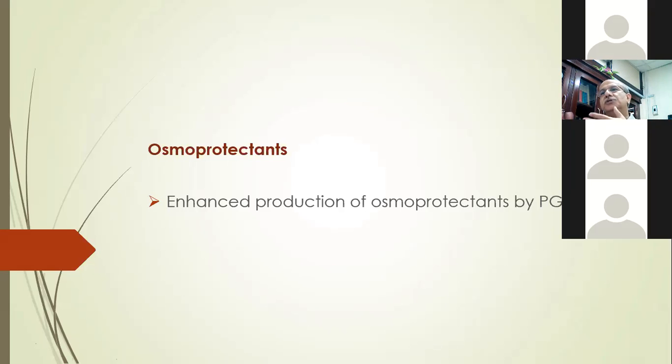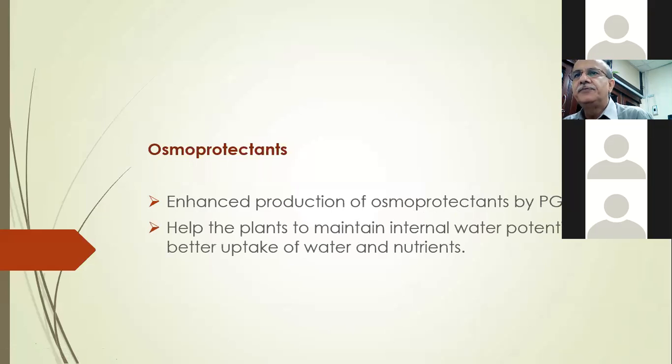But they also produce certain osmoprotectants inside their body, and then they can survive in the salt-affected conditions. So there is enhanced production of osmoprotectants by PGPR. If you have PGPR, there will be more production of osmoprotectants. And I told you proline, glycine betaine, all these are osmoprotectants.